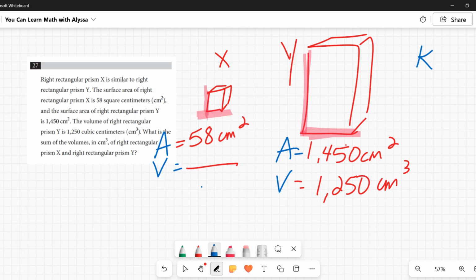Now, for the ratio of the areas, because everything is squared, that constant is going to be squared. Now for the volume, the constant is going to be cubed because you're multiplying things. So you want to get back to that original ratio, is how I view it.